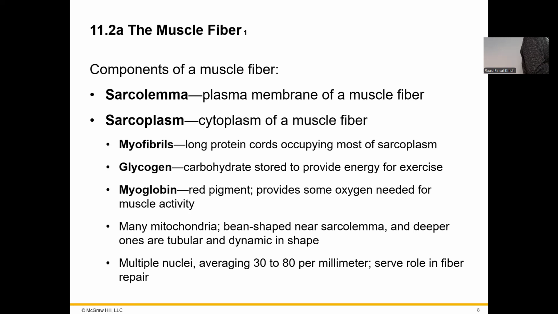For glycogen, glycogen is a carbohydrate that is stored to provide energy for exercise. So we know that we aggregate our glucose to form glycogen. And where do we store glycogen? We store glycogen in the liver.